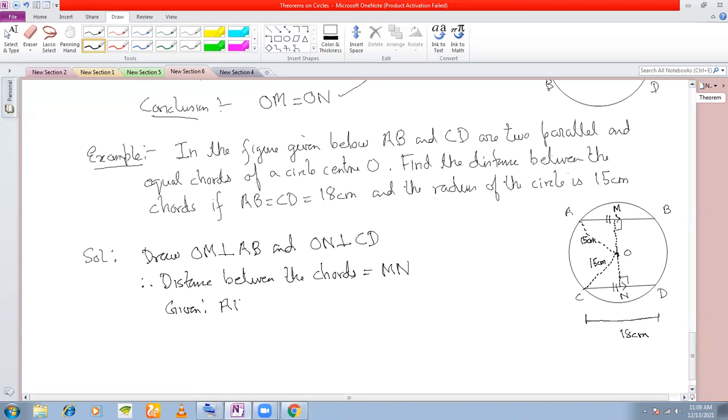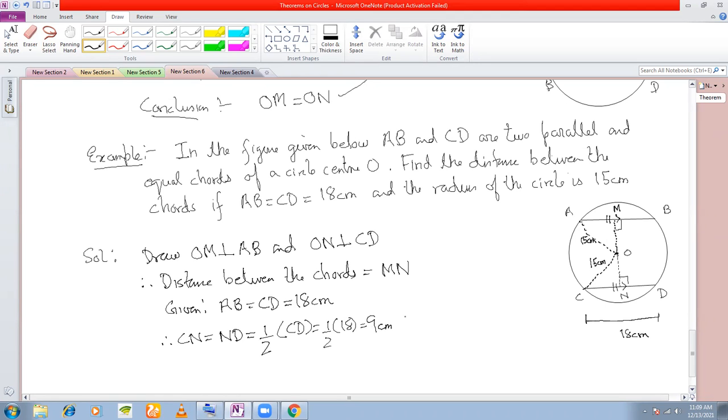AB is equal to CD is equal to 18 centimeters. So therefore, what should be the length of CN? CN and ND must be equal to half of CD, which is equal to half of 18, which is 9 centimeters, right?